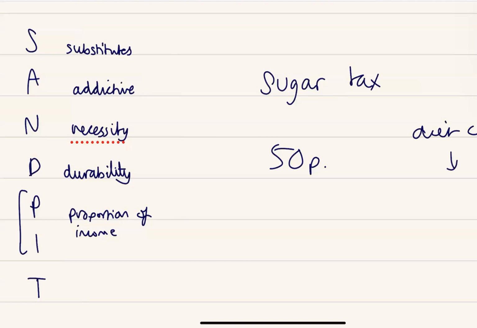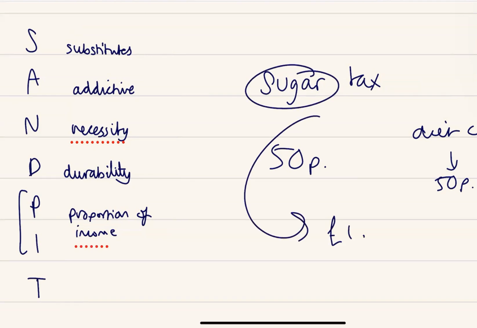It's still 50p. But if you look at normal Coke or Fanta or Sprite, how much is that when you buy it at a shop, roughly? It's like £1, because these ones have sugar, so they got taxed and the price went up.